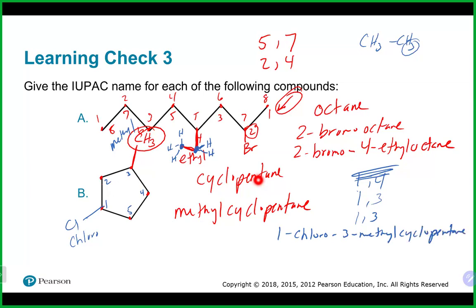So once again, here we had some options as to where to start numbering and which way. And there really was no difference between starting with the methyl group or the chloro group in terms of 1 and 3. So then we do have that option of obviously giving the alphabetical guy the lower number.